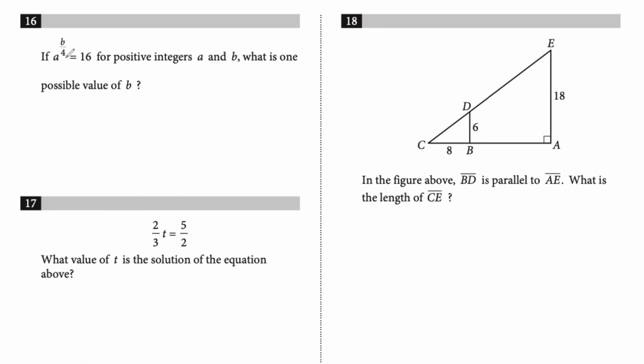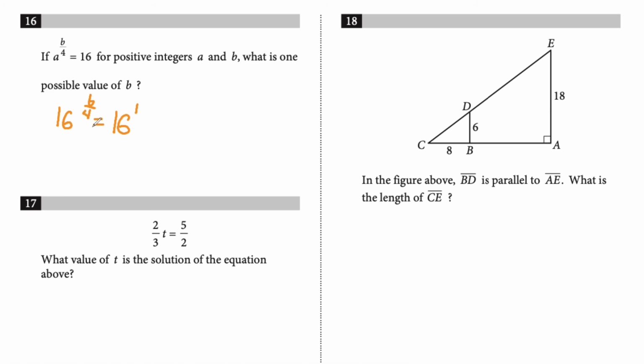If A to the power of B over 4 equals 16 for positive integers A and B, what is one possible value of B? So since A is a positive integer, we can also make it 16. So we'll have 16 to the power of B over 4 equals 16. And when you have just the whole number, that'll be to the power of 1.